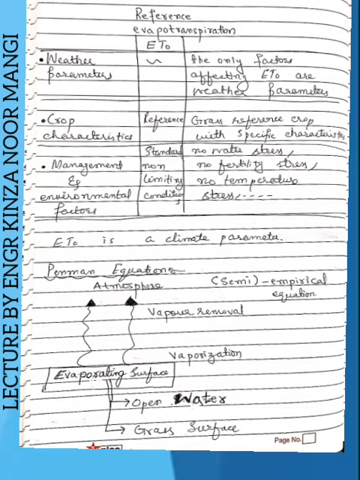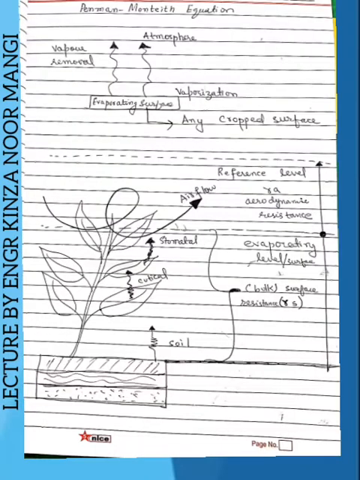Penman's equation was semi-empirical because there were still some unknown parameters. Further, Monteith, a crop physiologist, modified the Penman equation.